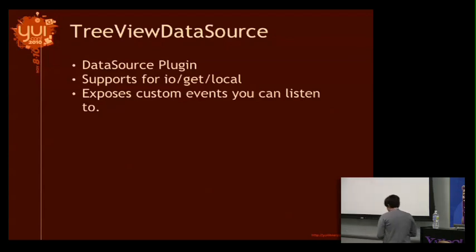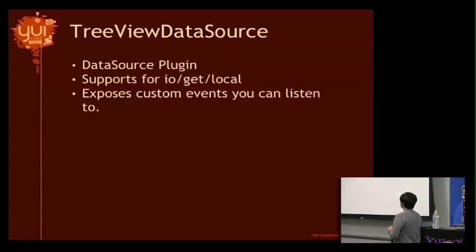The third option is loading on demand. So we built a plugin. This is the first plugin that is available today for TreeView, which is the TreeView data source plugin. What this plugin is going to let you do is use data source to load your tree nodes and your tree leaves on demand. It supports everything that data source supports, so that it behaves the way you expect, as with any data source module.